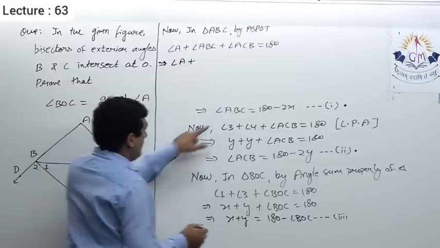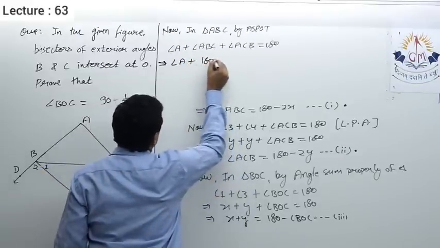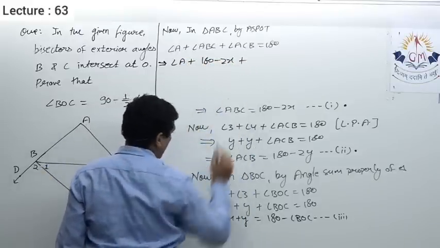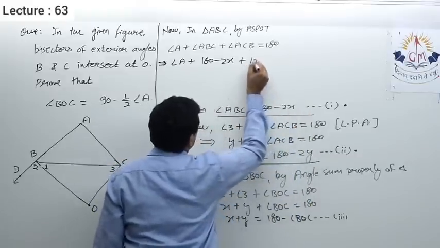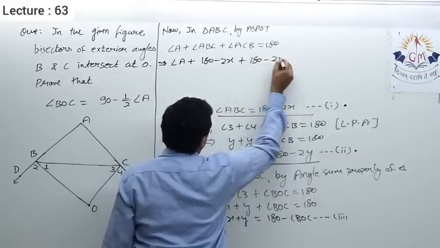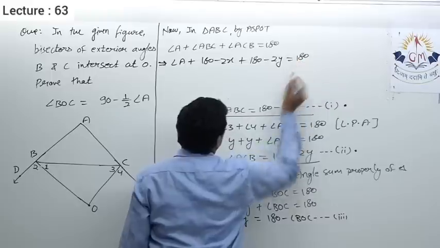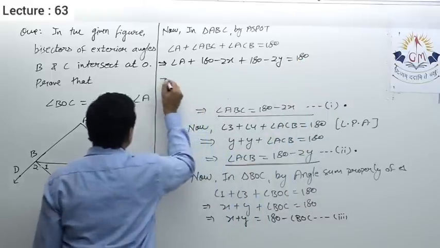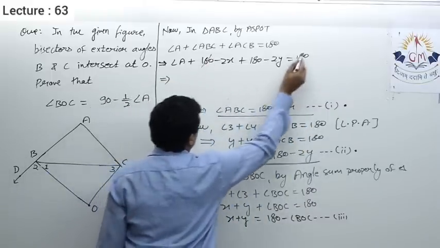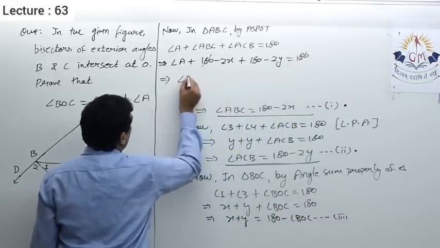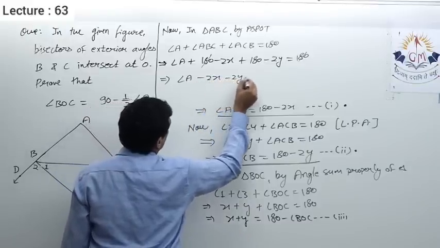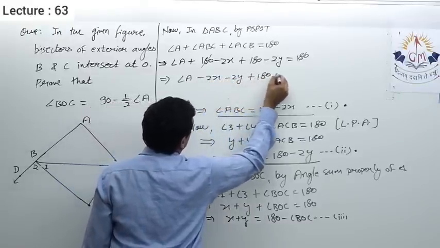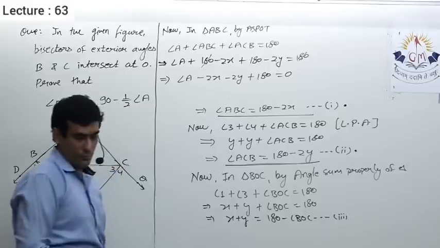ABC is 180 minus 2x, ACB is 180 minus 2y, is equal to 180. Now here I can cancel this 180 and 180. So angle A minus 2x minus 2y plus 180 is equal to 0.